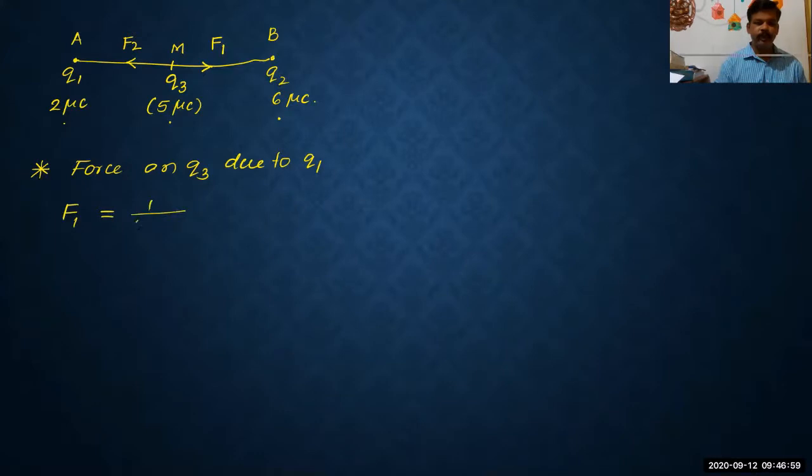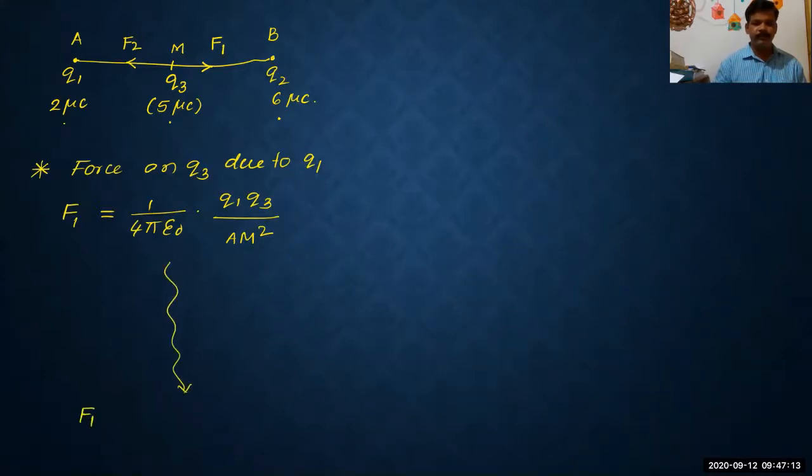You know the formula: 1 by 4 pi epsilon naught into Q1 Q3 divided by the distance square, that is AM square. You make all the calculations, you will get F1 in some Newton.